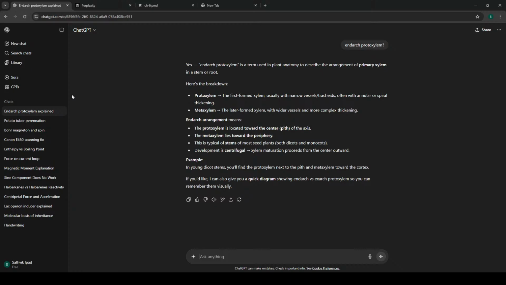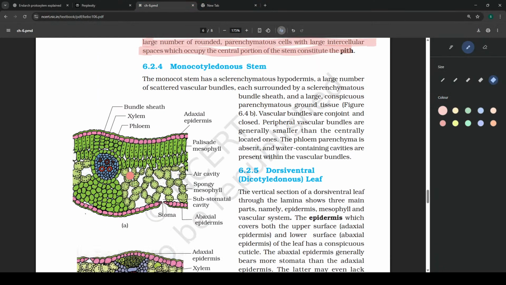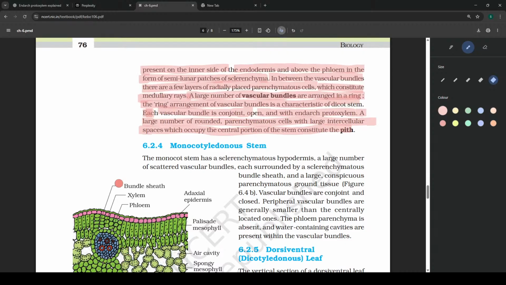That is the old one, and metaxylem lies towards the periphery. The parenchymatous cells with large intercellular spaces which occupy the central portion of the stem constitute the pith.